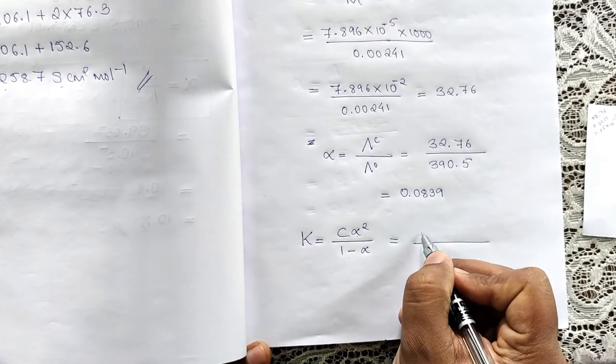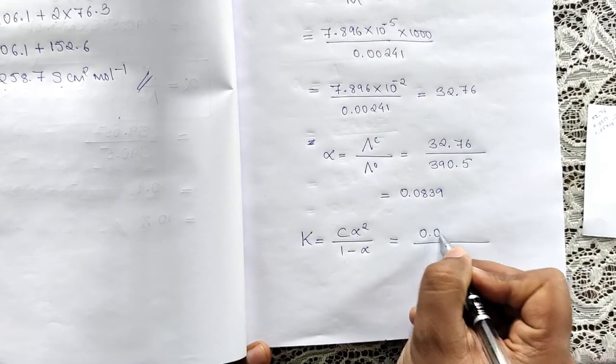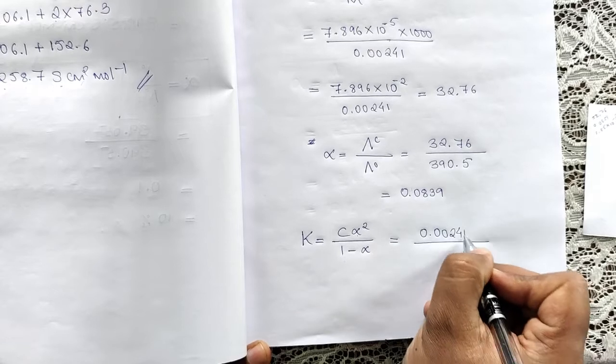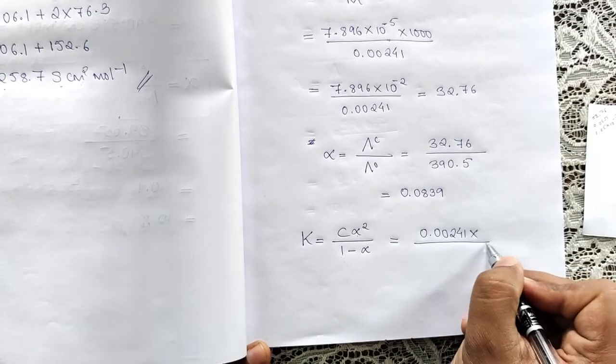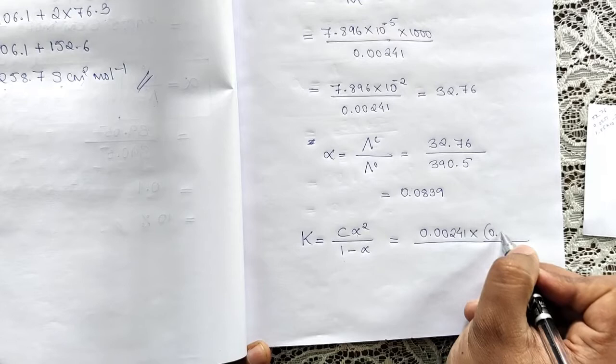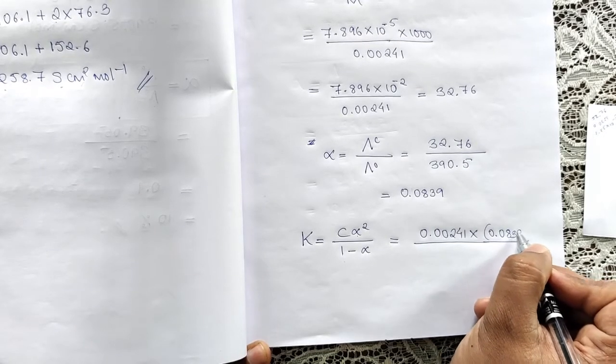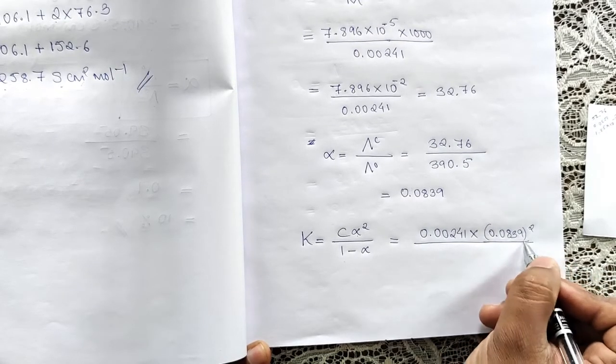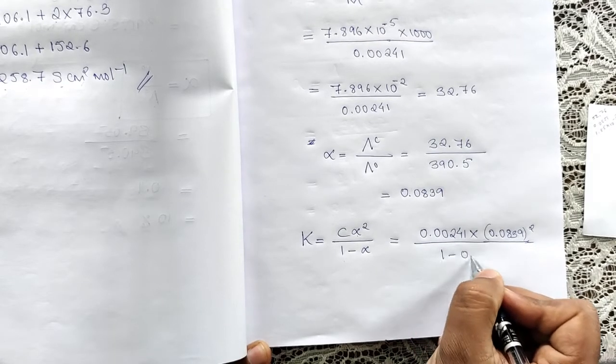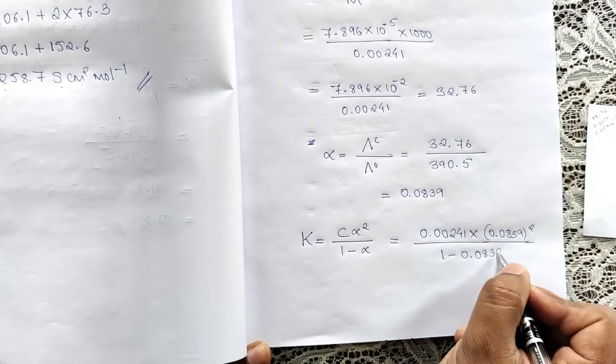So C is 0.00241 multiplied by 0.0839 whole thing square, divided by 1 minus 0.0839.